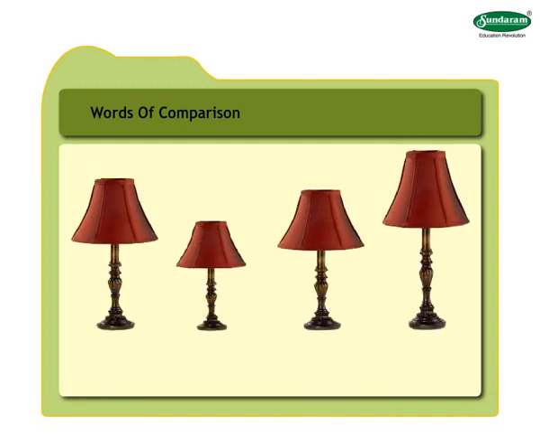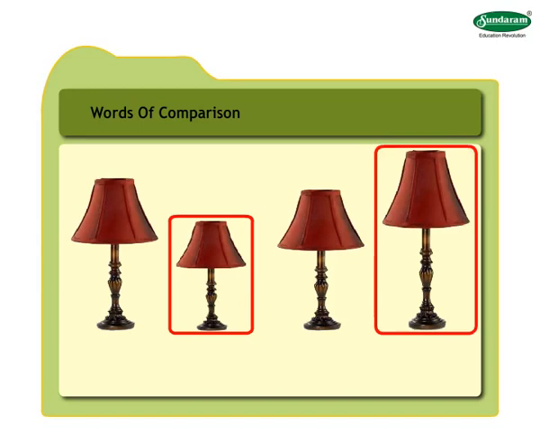You can see lamp posts of different sizes. One is short, while one is longer. We can see a shortest lamp post. Put one dot below it. We can see the tallest lamppost amongst all. Put two dots below the tallest lamppost.